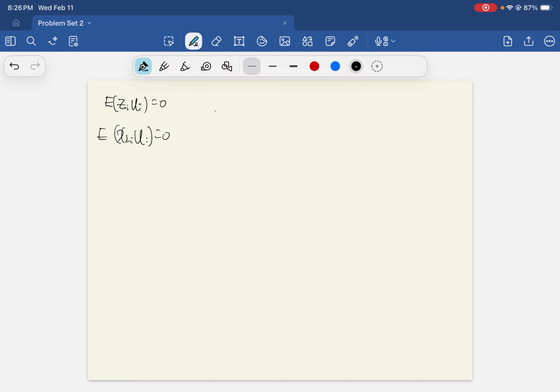So rewrite this. I will write this as the expectation of (z_i, x2i) times (y_i minus x_i transpose beta 0) should be 0. That's what we get.